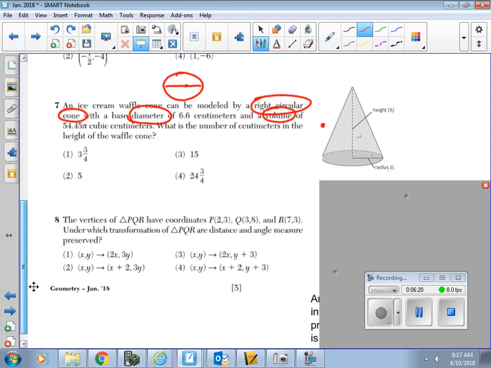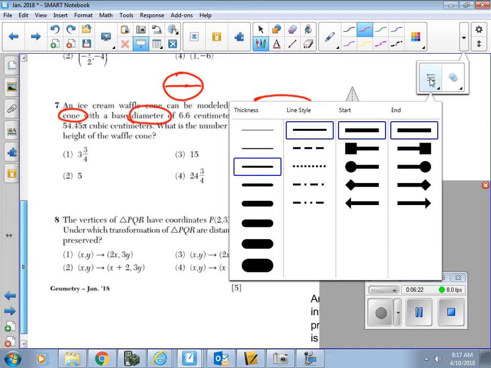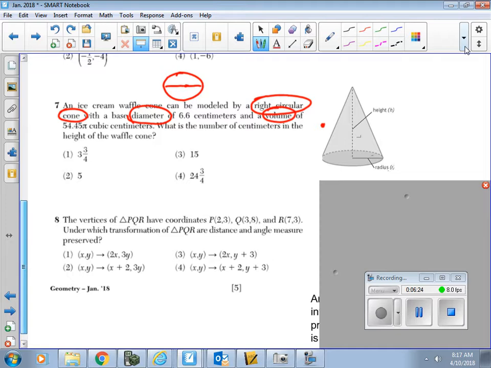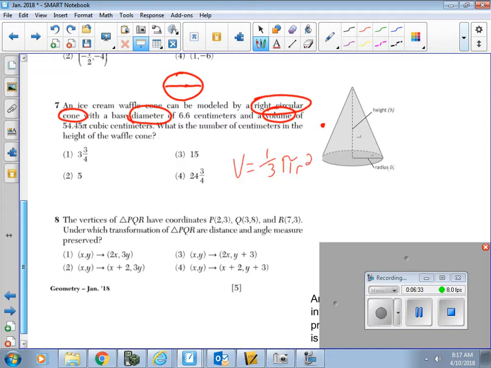So let's go ahead and write that down. All right, so it's going to be V is equal to 1/3 pi r squared h. So looking at this formula, it has 3 variables: the volume, the radius, and the height. You need to have at least 2 to find the other 1.